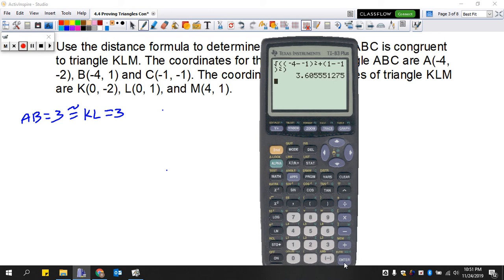Okay, so let's do LM. Okay, so do square root, parentheses for the x's. We have 0 minus 4, close parentheses, square it, plus parentheses 1 minus 1, close parentheses, square it, and then close the parentheses for the square root, hit enter.